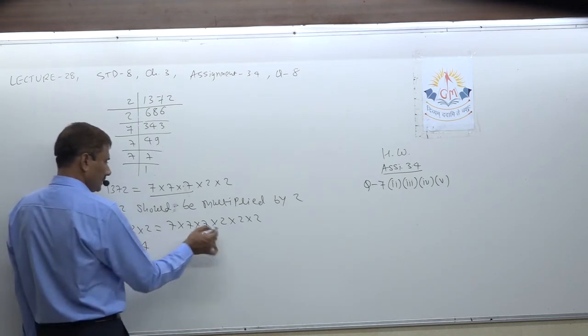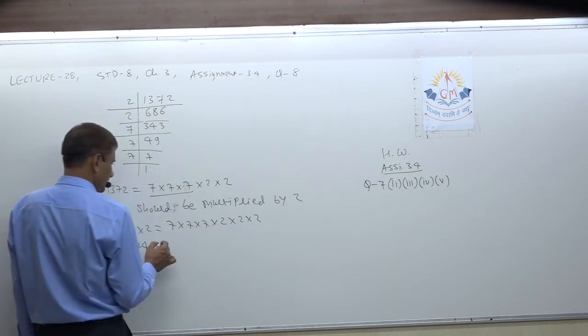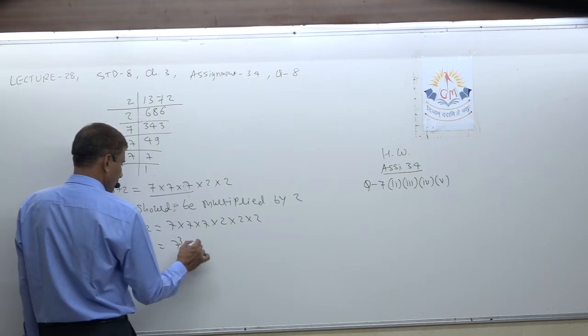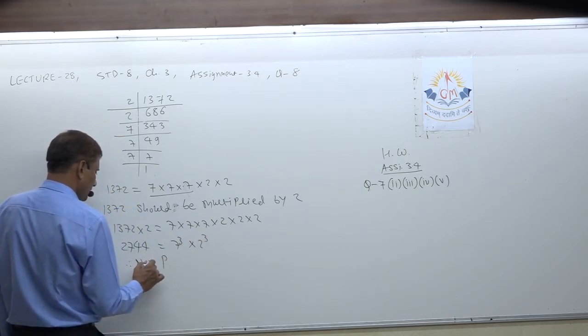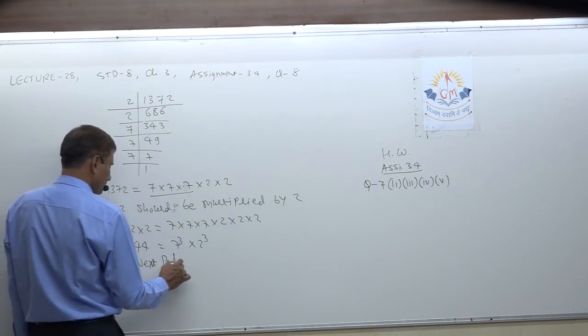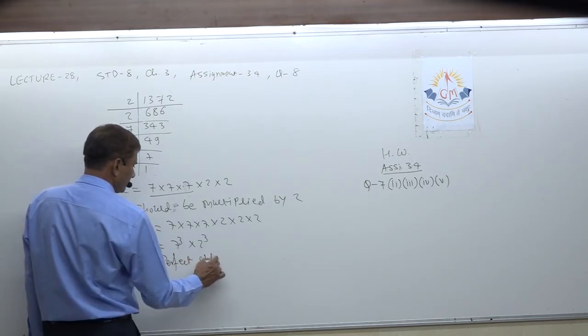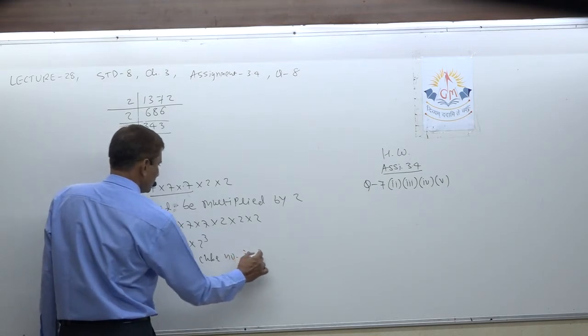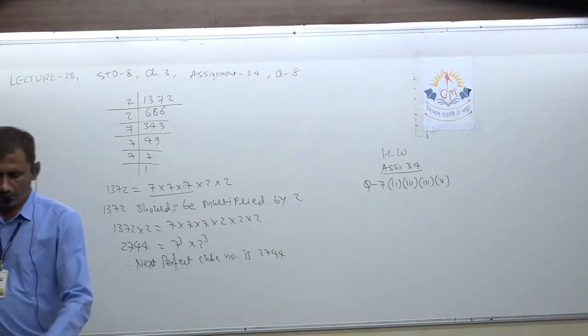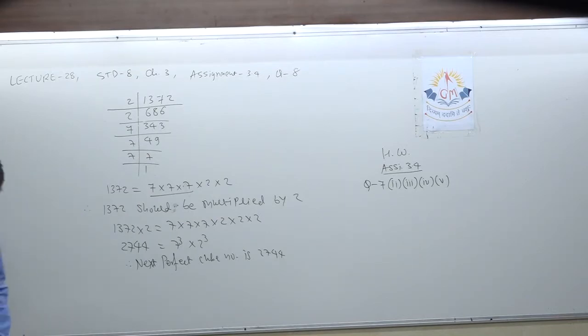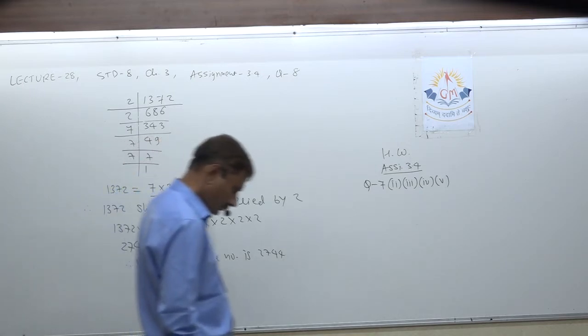So that will be this number, equal to 7 cube into 2 cube. So the next perfect cube number is 2744.